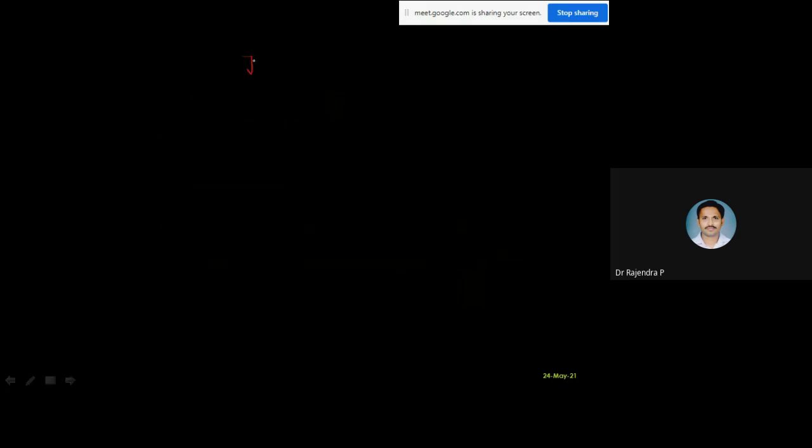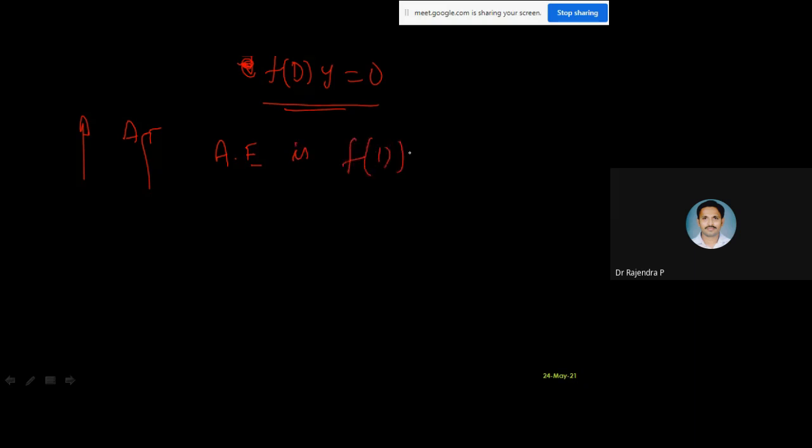So this is my differential equation, f of D into y is equal to 0. For this differential equation, first we have to write the auxiliary equation. To write the auxiliary equation, simply take the polynomial f of D equal to 0. From this we will get the roots of the polynomial.